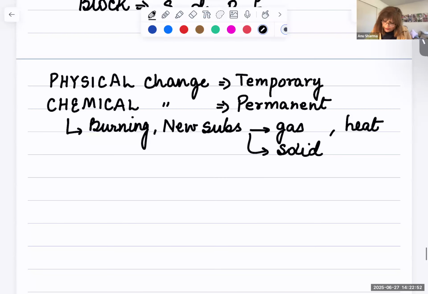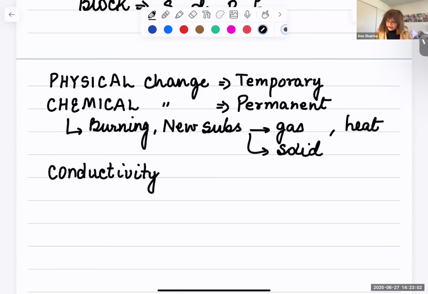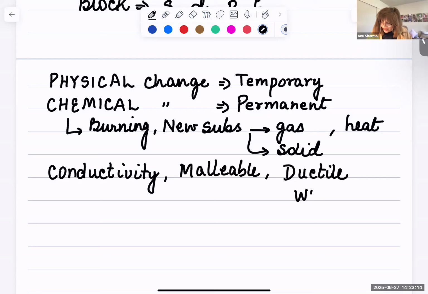What else is there? Properties that in general you should know, like conductivity, conducting electricity. Malleability: what does malleability mean? Making things into thin sheets, beating them into thin sheets.